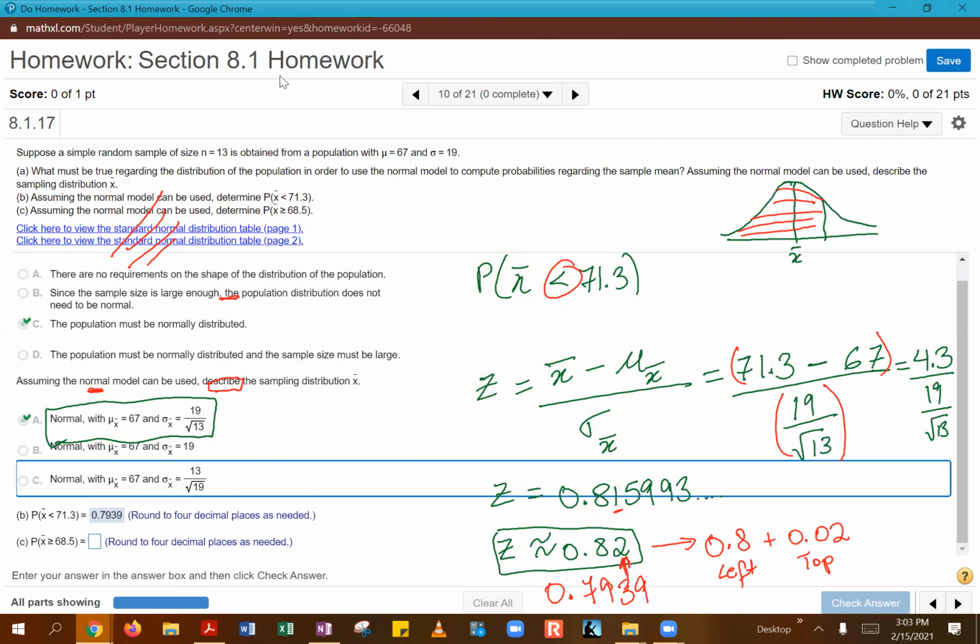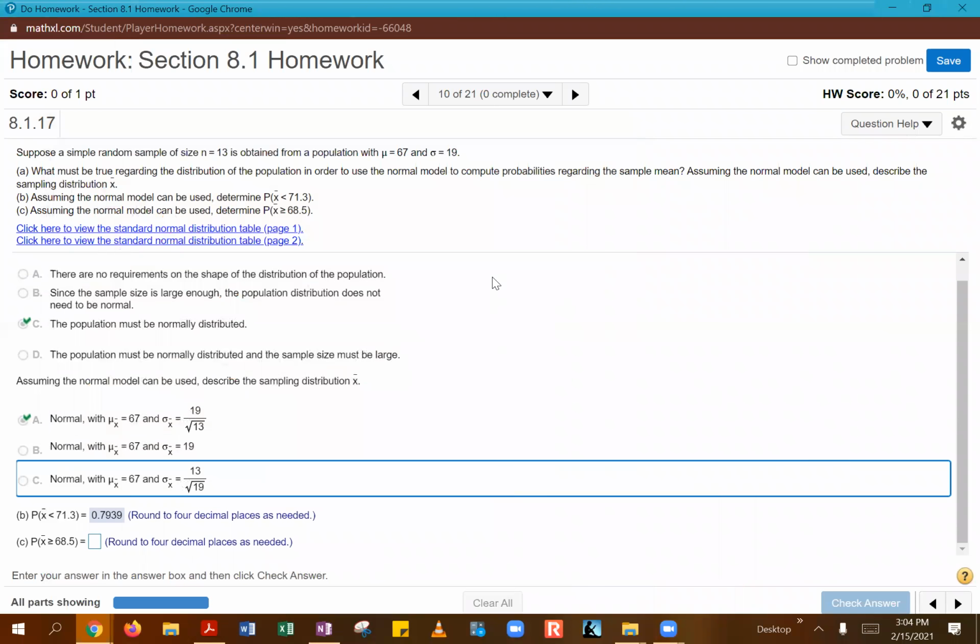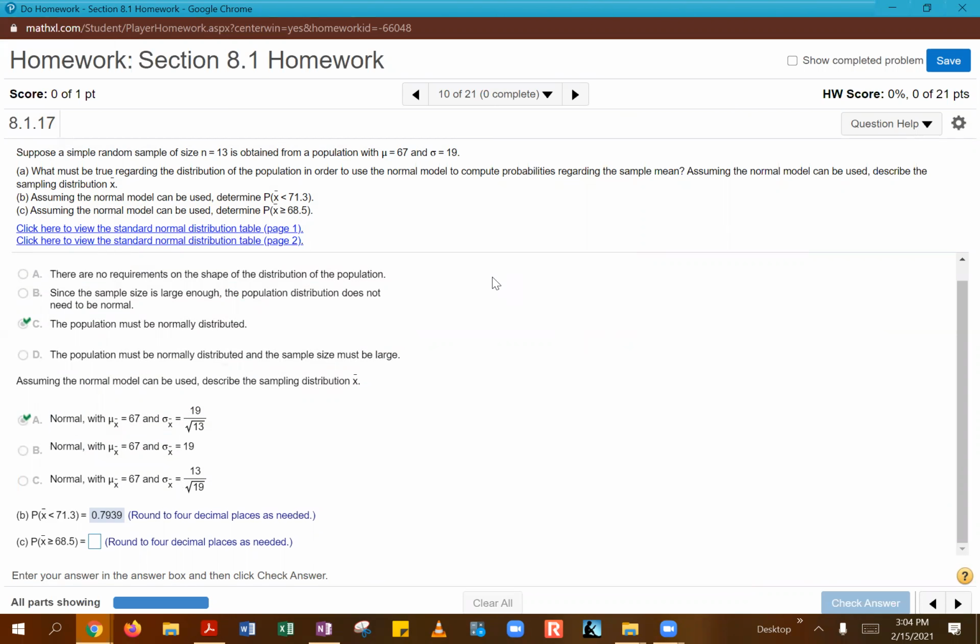So let me go ahead, clear this up and show you for that part C now. So for part C, they're changing the direction of your inequality, and of course, giving you a different number also. So now we have X bar is greater than or equal to 68.5.